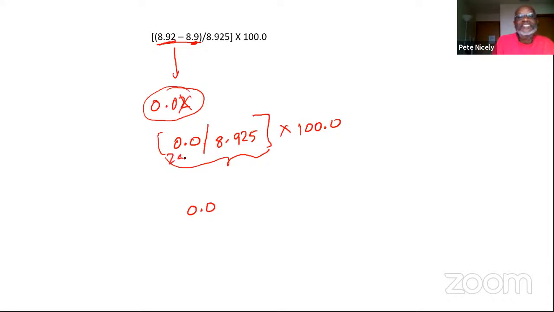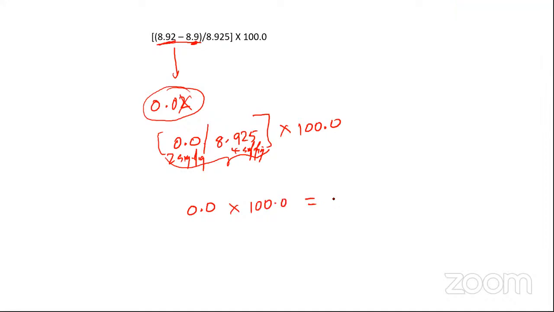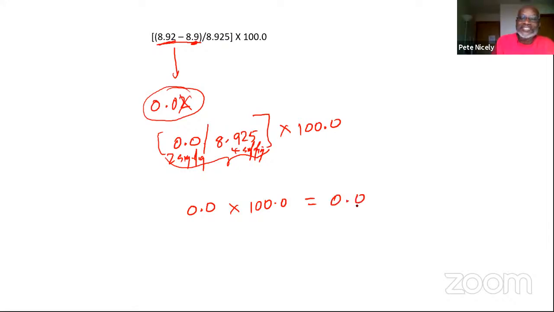Here you have 2 sig figs, and here you have 4 sig figs. So this part works out to be 0.0 multiplied by 100.0. So what does that give you? 0. More specifically again, 0.0.